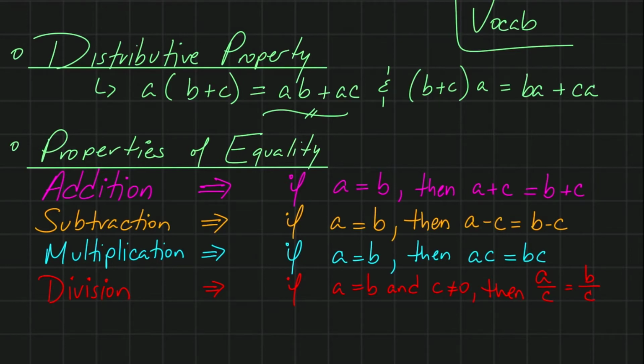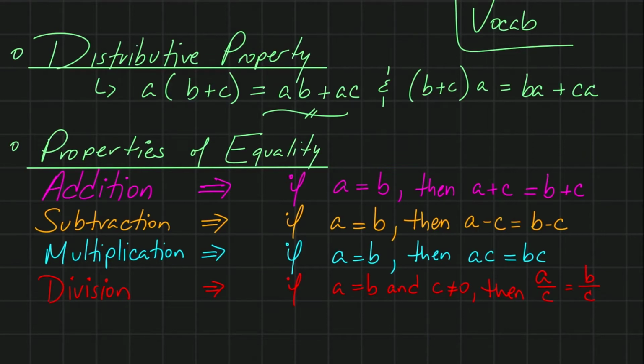We also have properties of equality. The additive property of equality, or addition, means that if A is equal to B, then A plus C is the same thing as B plus C because A and B are equal.